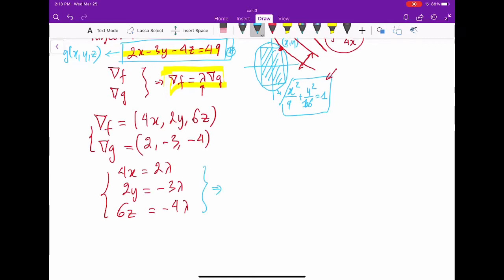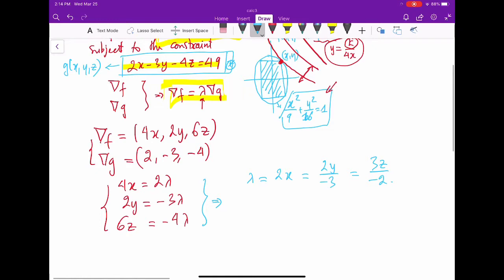So from the first one, I have lambda equal to 2x. From the second one, lambda equal to 2y over -3. From the third one, lambda equal to 3z over -2. And I have relations between x, y and z.